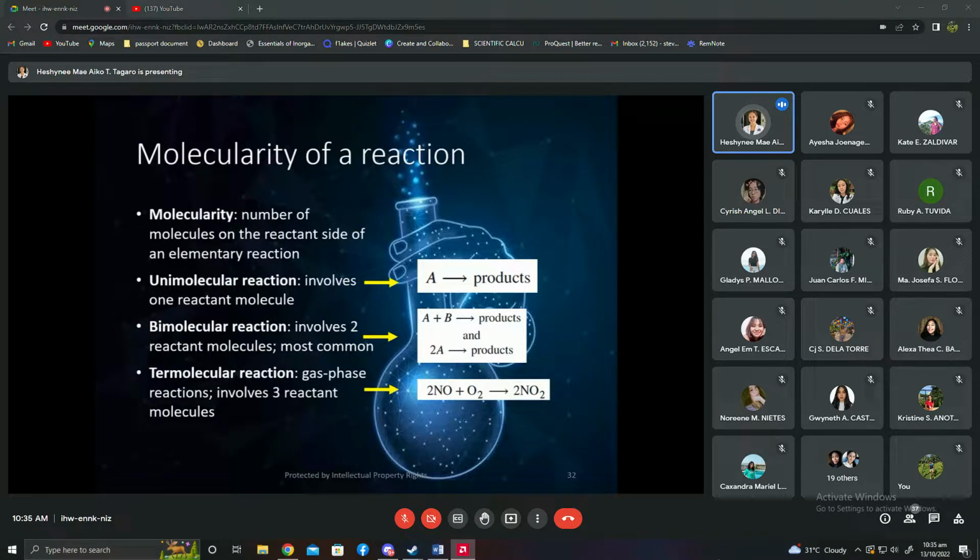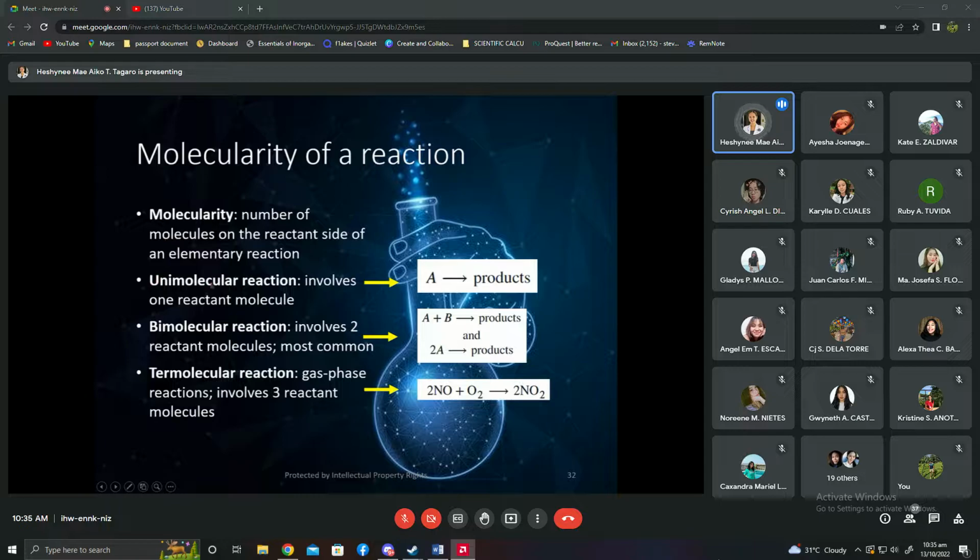Elementary reactions are classified according to their molecularity. Molecularity is the number of molecules on the reactant side of an elementary reaction. So we have three classifications depending on the number of reactants.